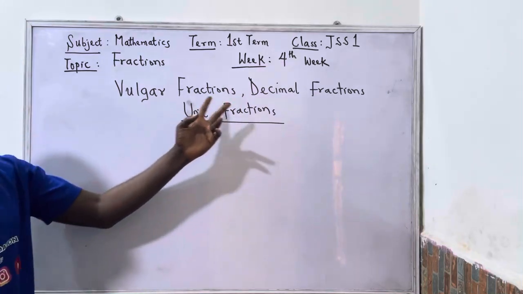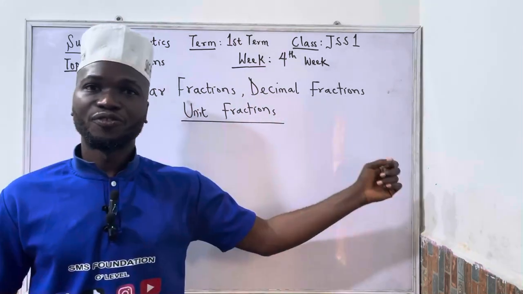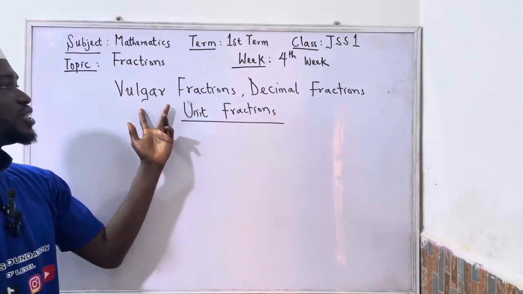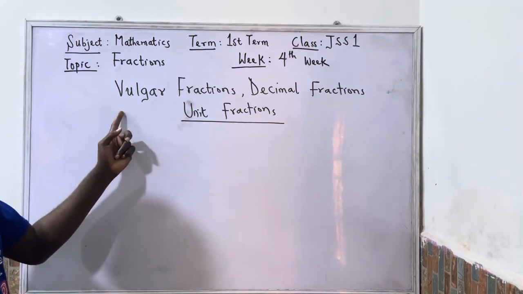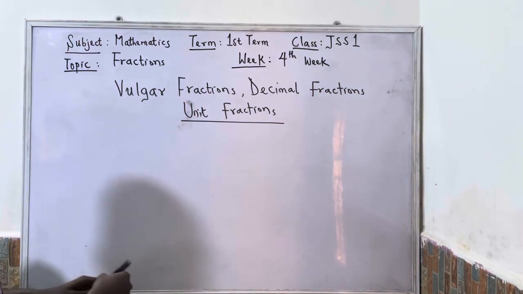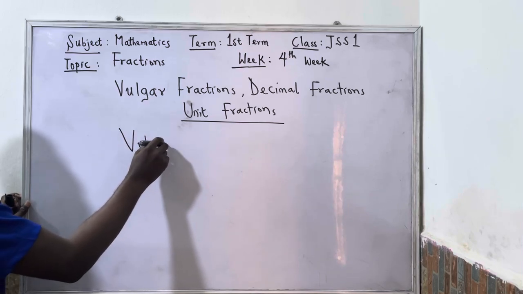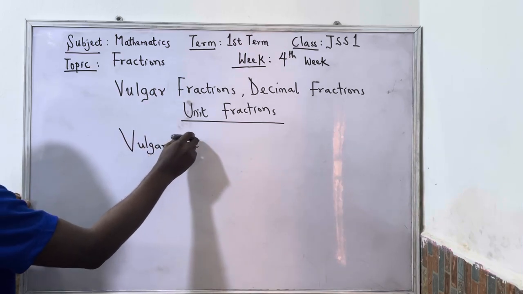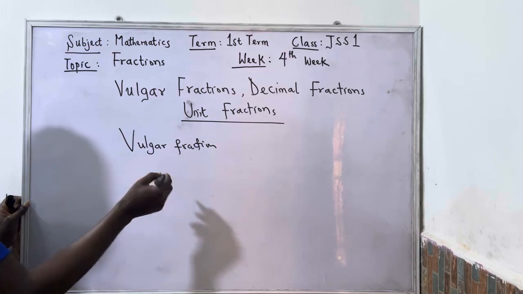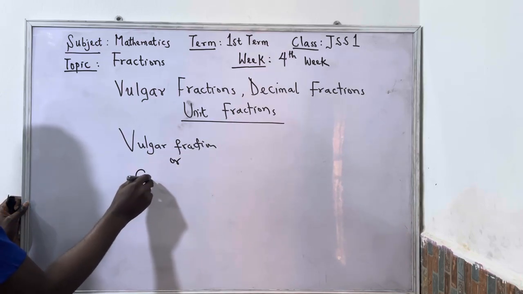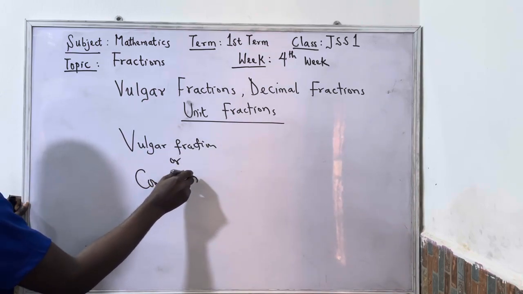Now, let's see the difference between these types of fraction. We still have many more, but these ones are common. So when we are talking of vulgar fractions, this is also known as common fraction.